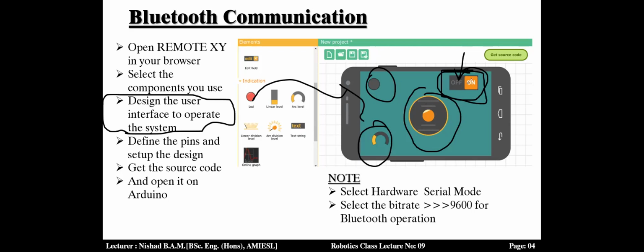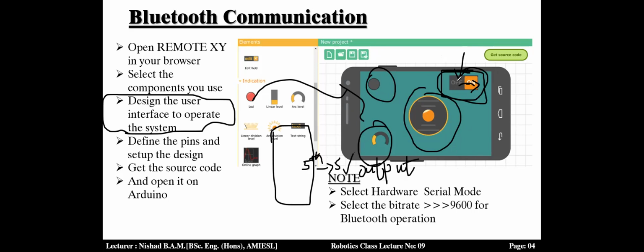If the button is pressed, what will be the signal that the Arduino should give? Let's say this is the Arduino. If you press this button, you program it so that the Arduino's 5th pin should give 5 volts output. That is the program.